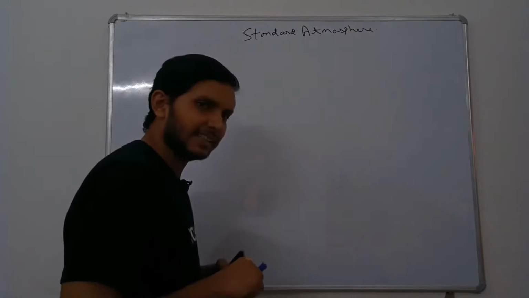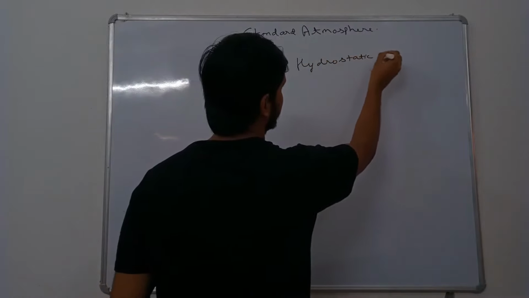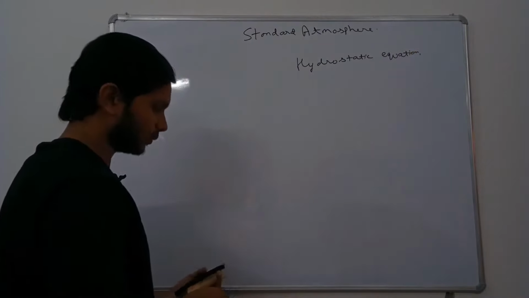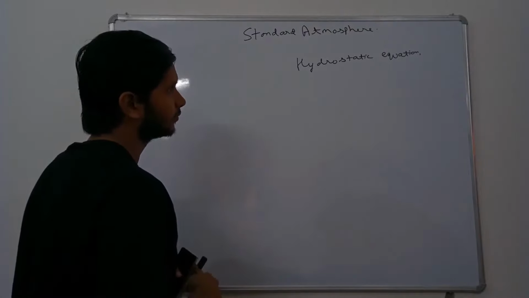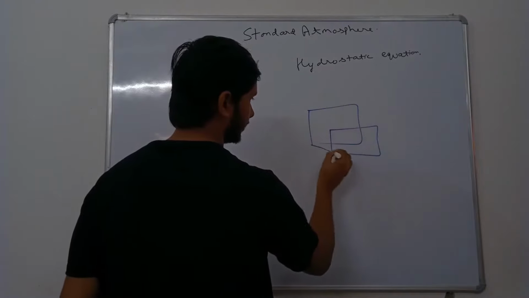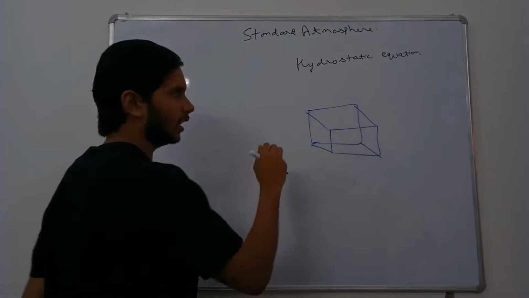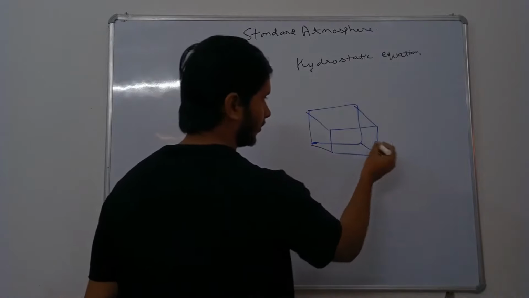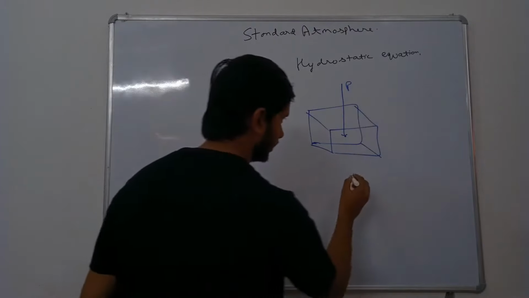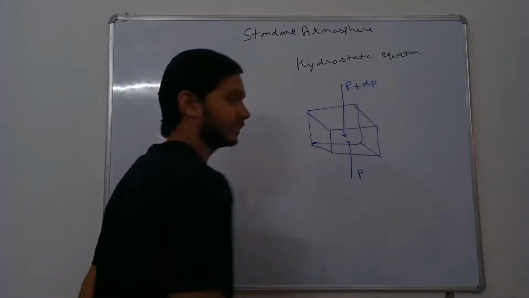Before going into many details, let me first solve the hydrostatic equation for you. Hydrostatic equation means, suppose in the air there is some element which is a cuboid, where at some point pressure P is acting from below, and from above P plus dP is acting, some additional pressure.